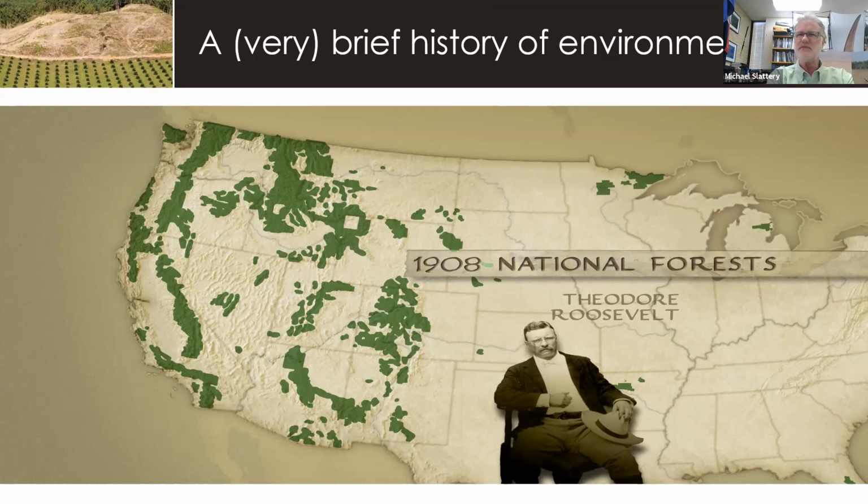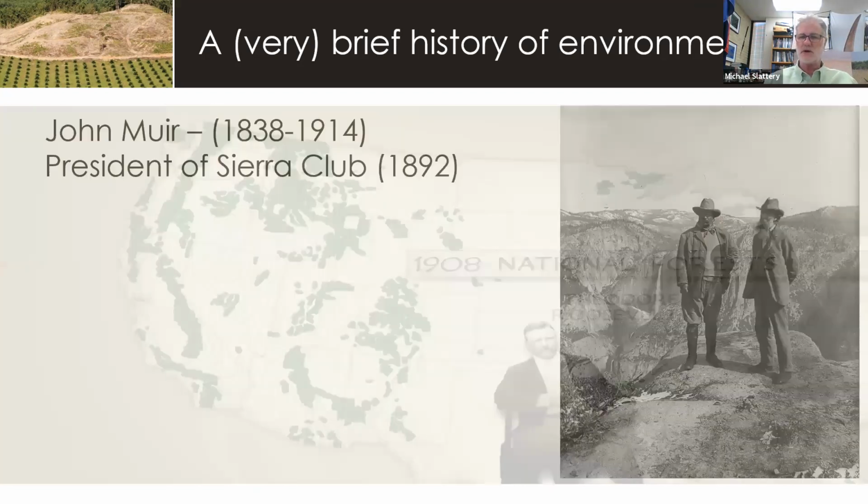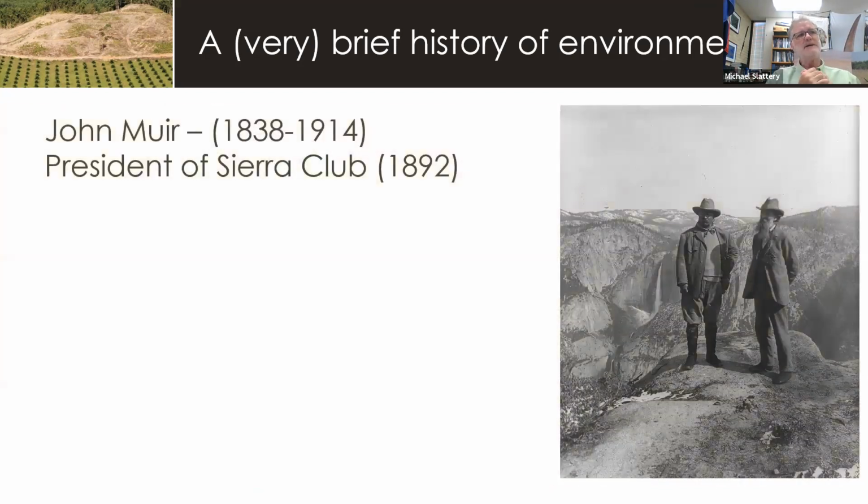Something like 150 million acres of land is set aside for national forests, for replanting, for use, for the sustainable use of our forest resources. So that's an important benchmark, right, is President Roosevelt, Gifford Pinchot, the establishment of the US Forest Service.